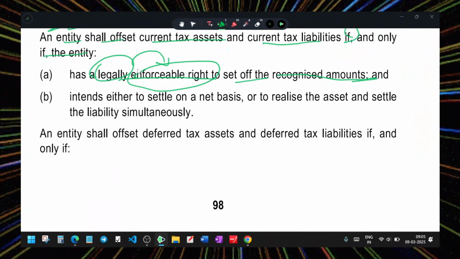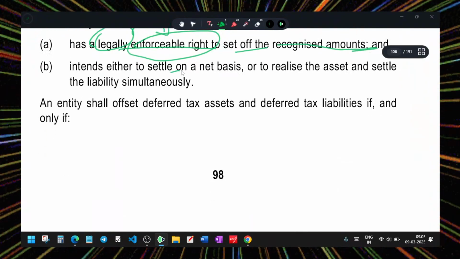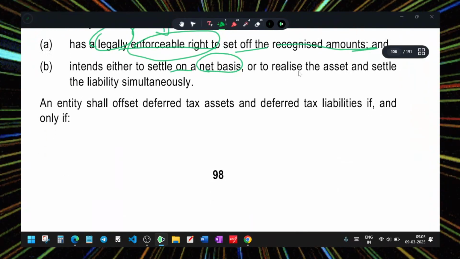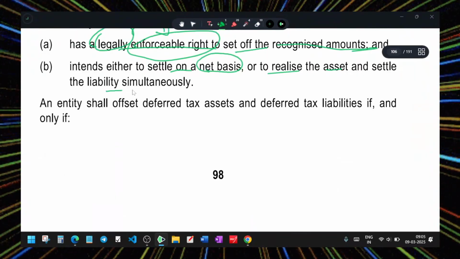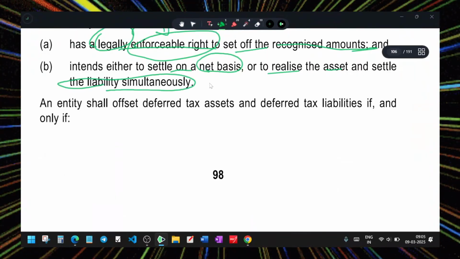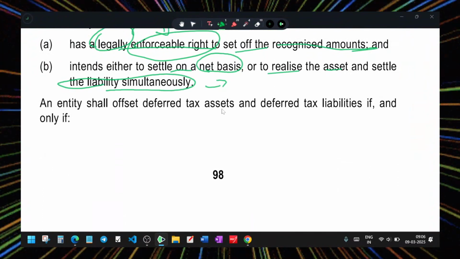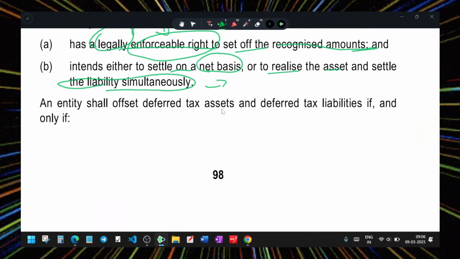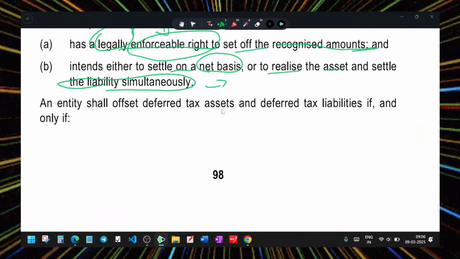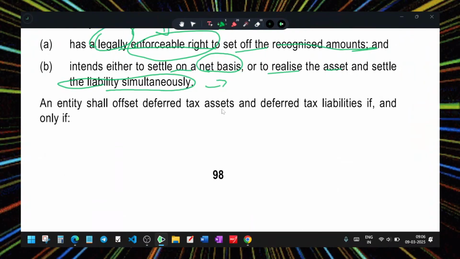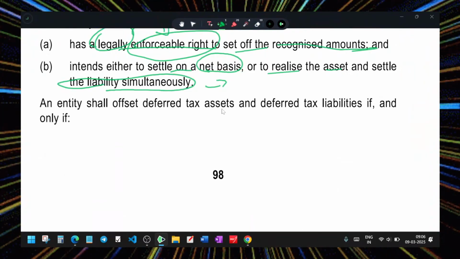And the entity intends either to settle on a net basis, or to realize the asset and settle the liability simultaneously. What is your intent? Sir, my intent is to settle the liability or realize the asset, to pay the taxes or recover the taxes.